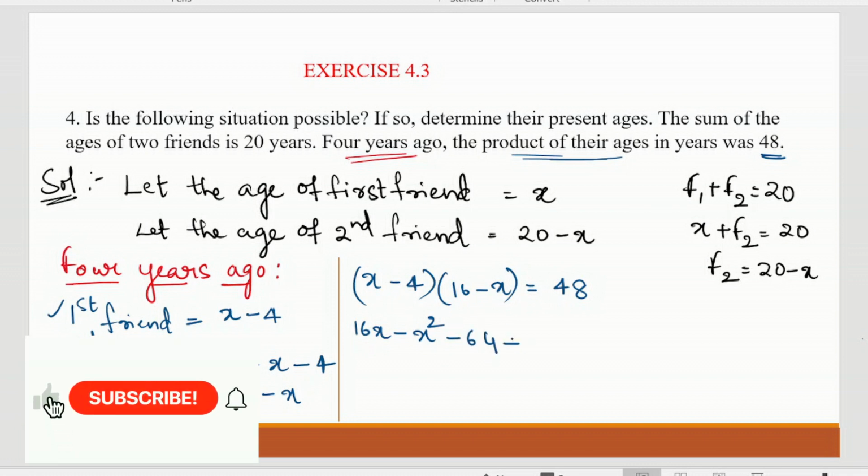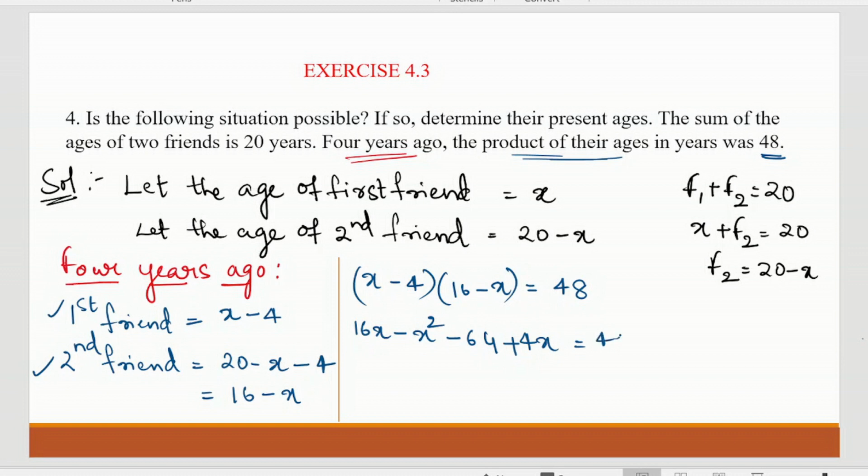Minus into minus is plus, 4 into X is 4X, equals 48. Now see here we have minus X square. You have 16X and 4X, which is plus 20X. And then you have minus 64. Let us get this 48 to LHS, which becomes minus 48 equals 0.